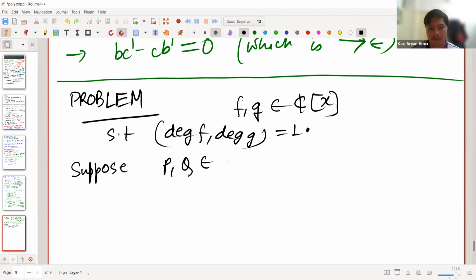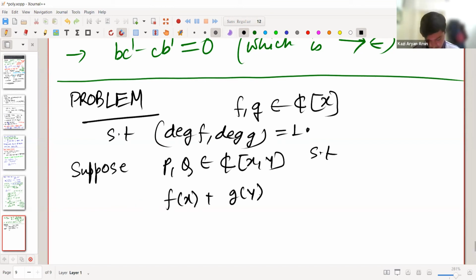Suppose p and q are bivariate polynomials with complex coefficients in x and y, such that p of x plus f of x plus g of y. Actually, just a second, I'll do the easier version of this problem.